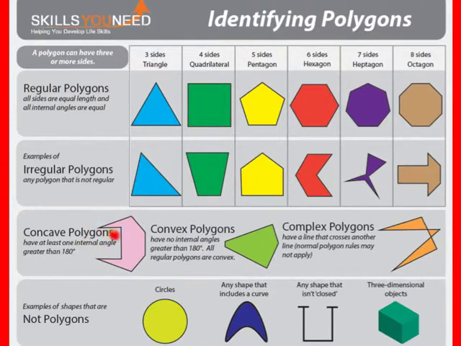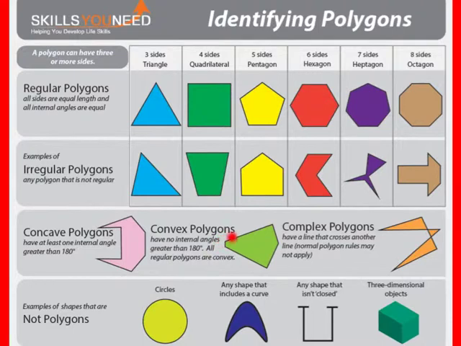Alright, and then there's something called a convex and a concave polygon. Now, we're not going to talk about complex polygons in your lesson, so let's focus on convex and concave. Concave, here's the definition. It has at least one internal angle greater than 180. But I like to say, if you think of it as concave, it has a little cave.